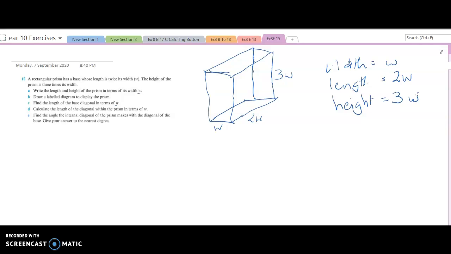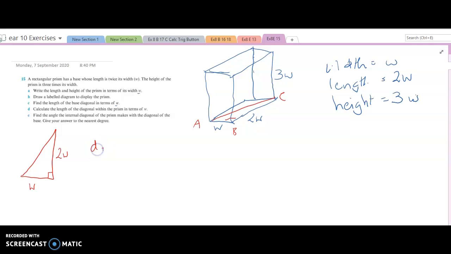We've drawn and labelled the diagram to display the prism. Now we need to find the length of the diagonal of the base, which is obviously there. Remember, it is an isometric drawing, so it is in actual fact a right angle triangle. Drawing that red one out, we have a width of W and a length of 2W. Using Pythagoras, call that AC.